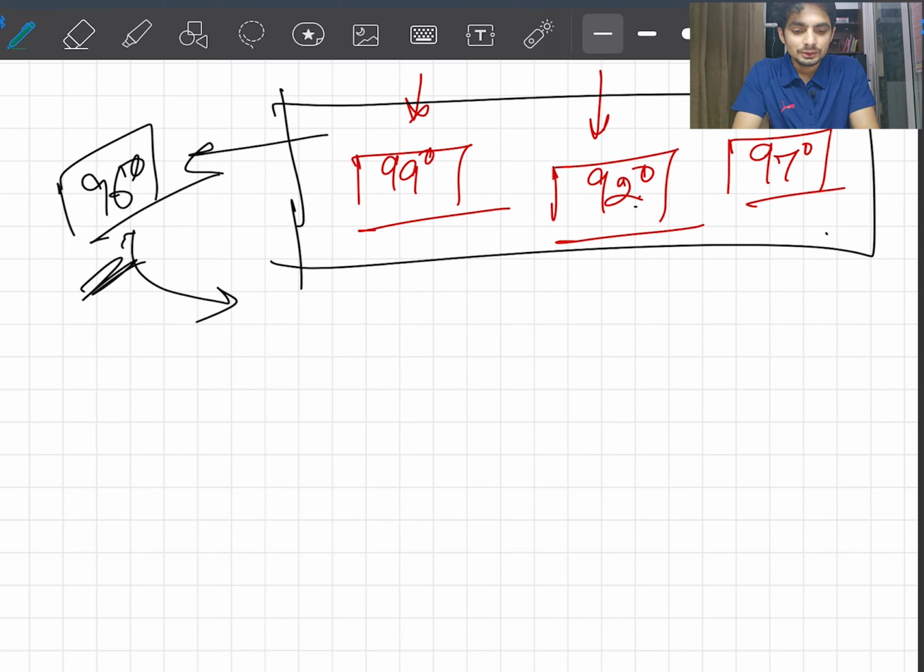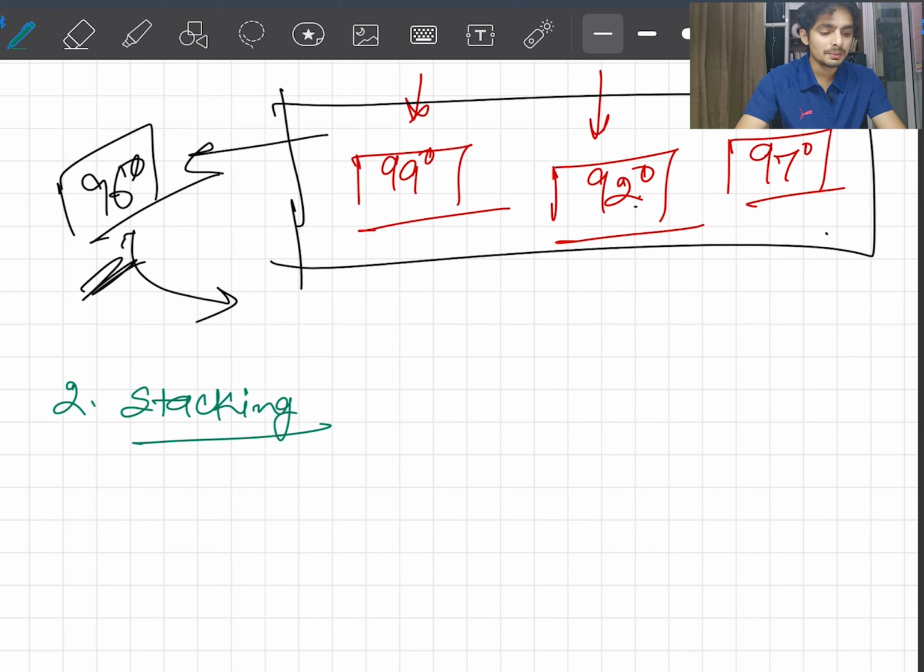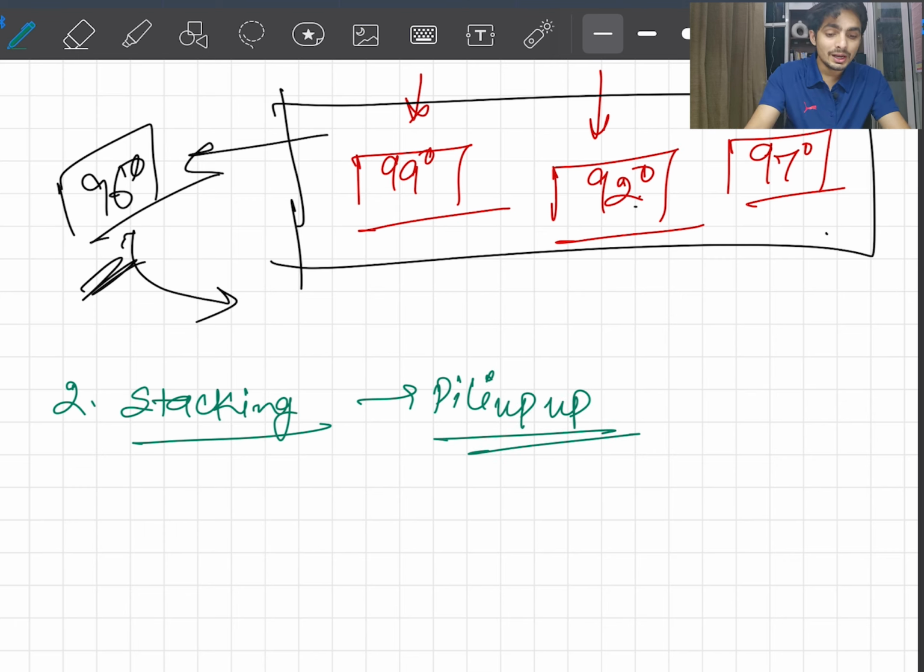Now the second variant in ensemble models is stacking. What is stacking? Stacking generally means piling up output. That means it uses a layers technique to do the prediction.